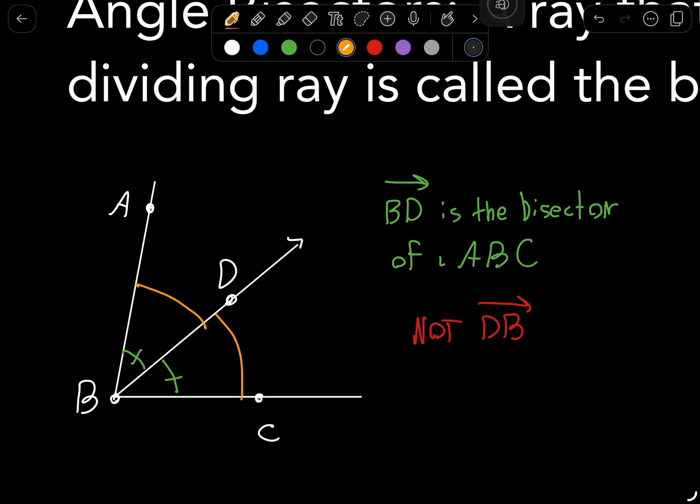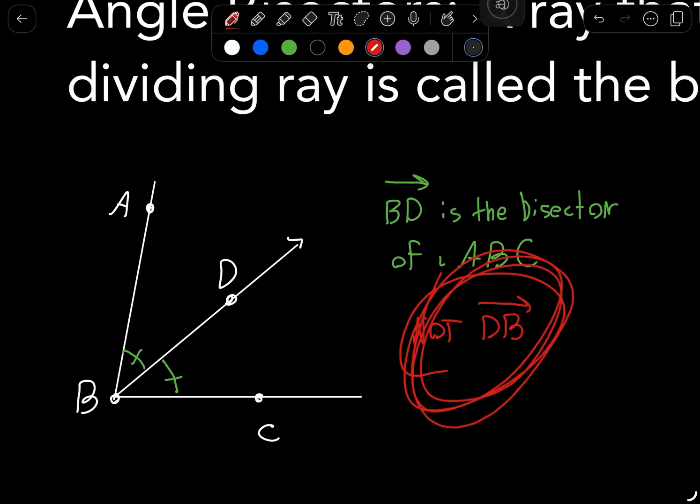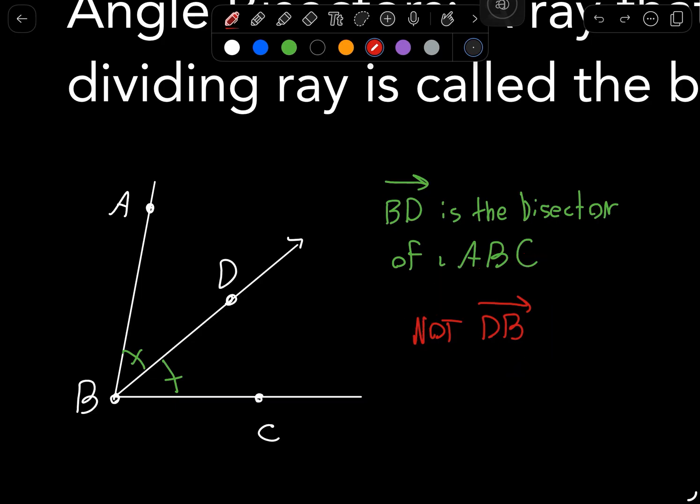That's why angles ABD and DBC are congruent angles. Also, this is really important: if you're ever writing this down for a problem or doing proofs, remember it's ray BD that's the bisector, not ray DB. So when you're writing it down, just make sure you have the correct notation.